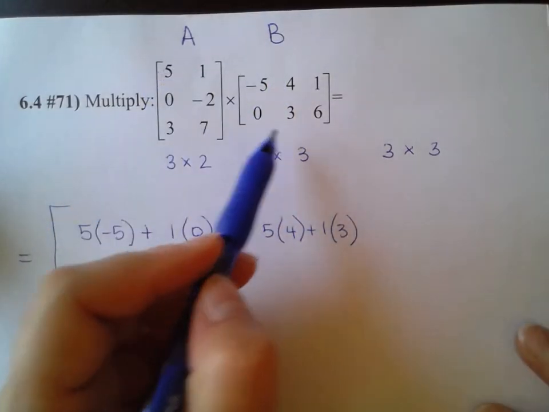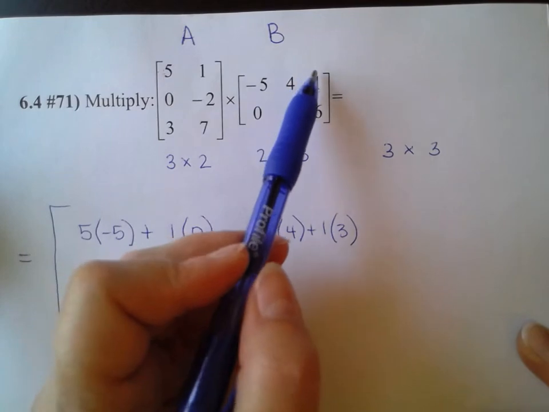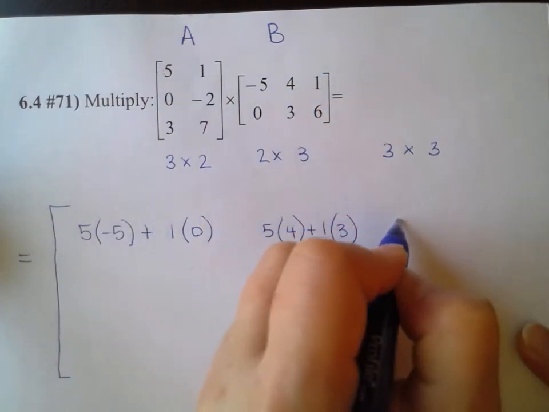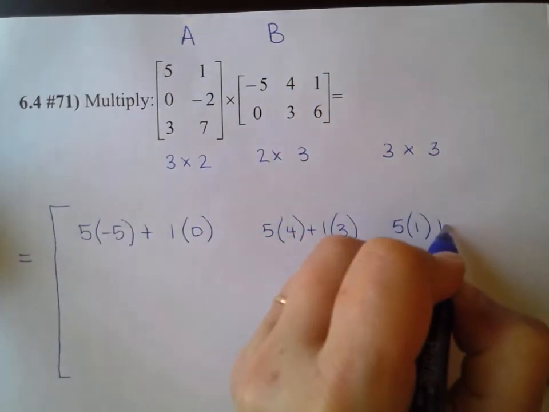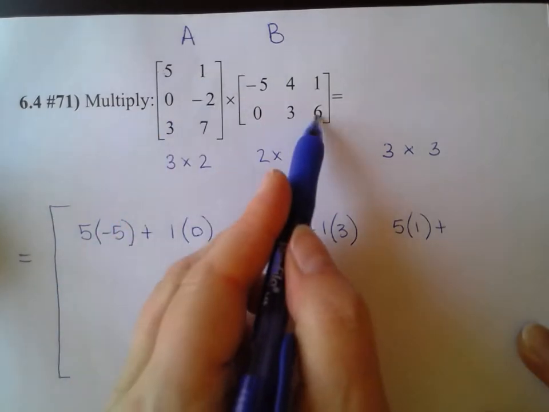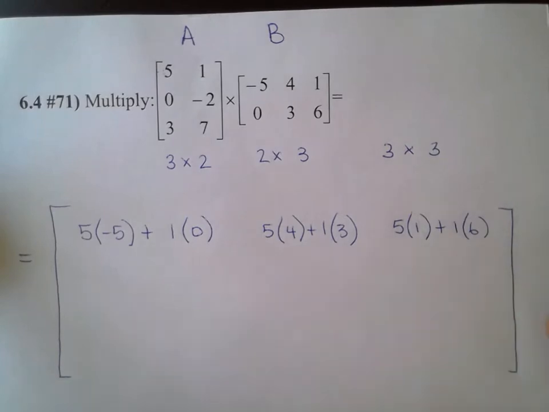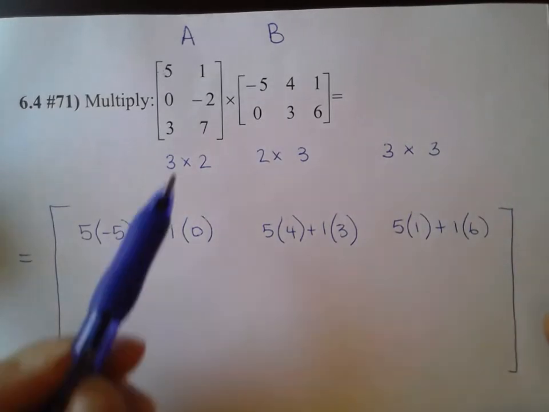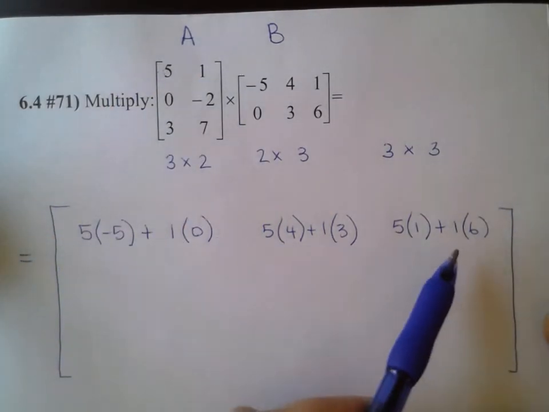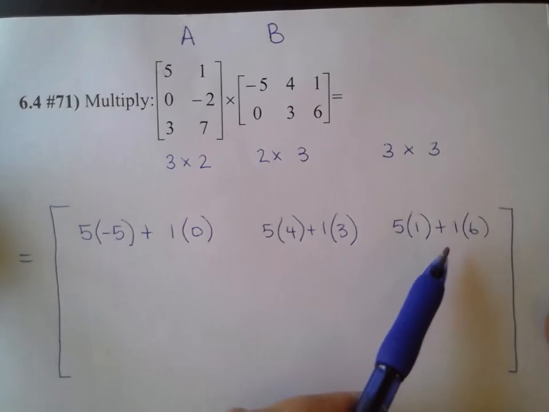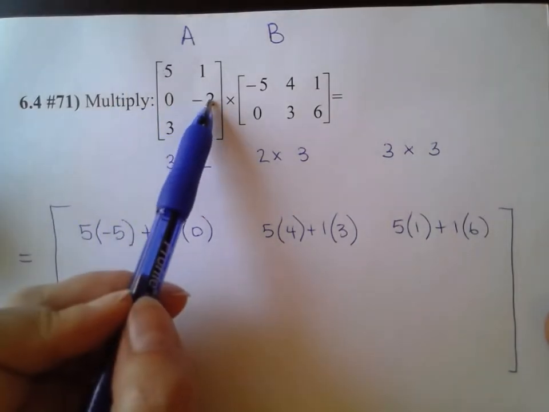First row, second column. Then we're going to do first row times third column. 5 times 1 plus 1 times 6. Okay, so we used the first row of A, and that gave us all 3 elements in the first row of the answer.